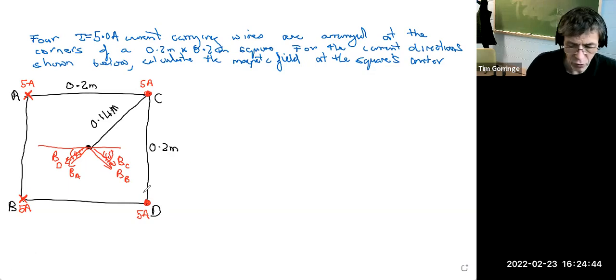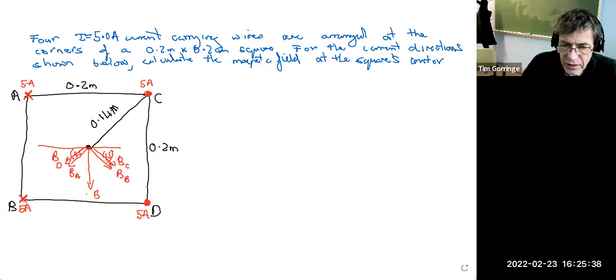Because the currents are all the same, 5 amps, the components of these fields that are acting in the horizontal direction cancel out. And the components of the field that acts downwards add together. So the net field is going to look something like this, pointing straight downwards.